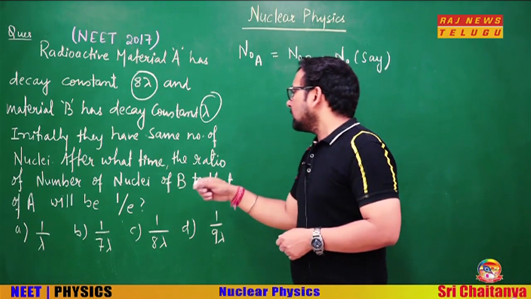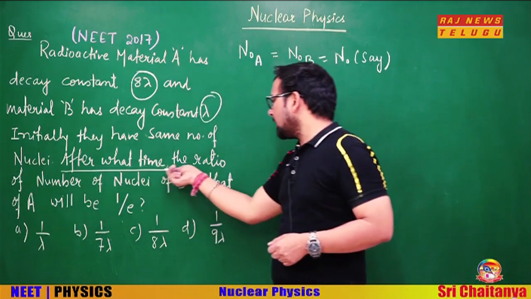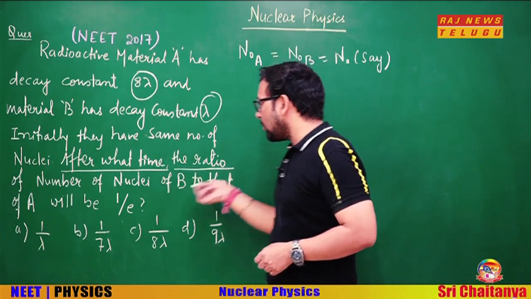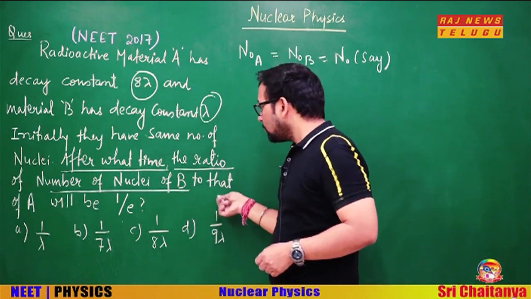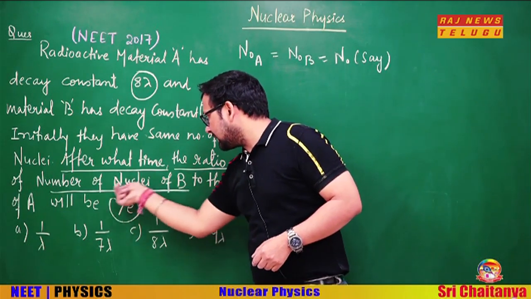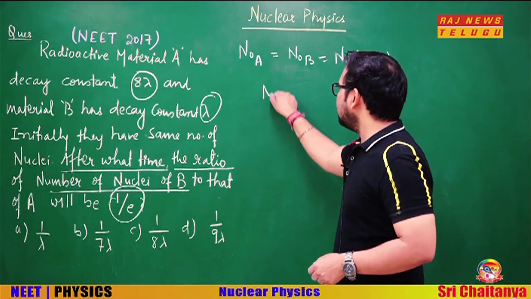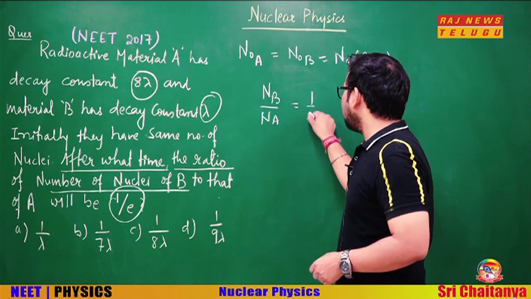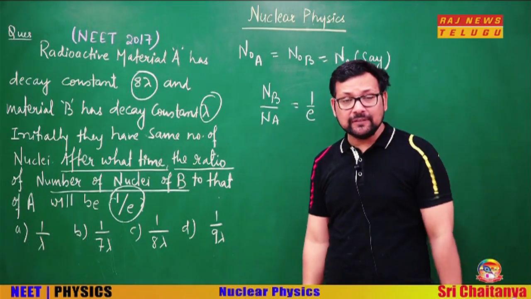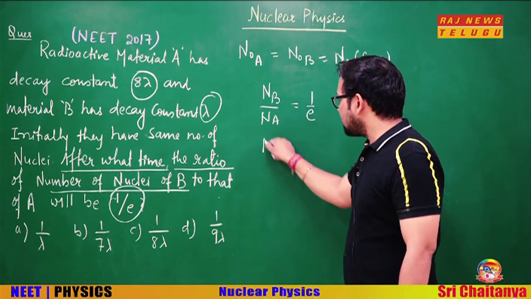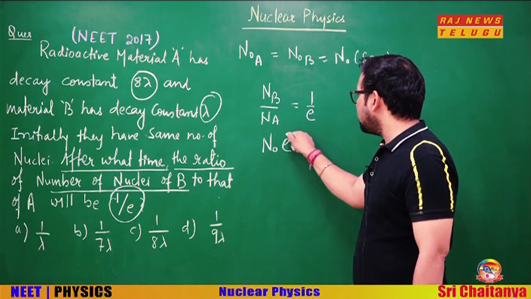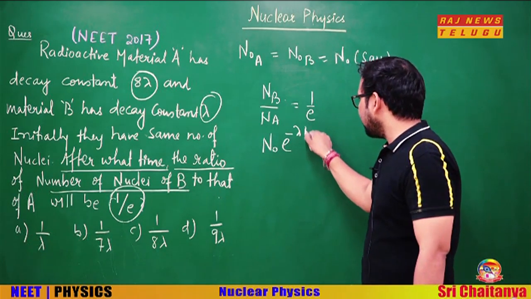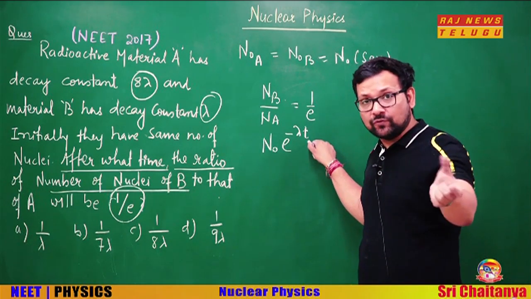Now the question is, after what time? From here the question actually starts on what they want to ask. After what time will the ratio of the number of nuclei of B to that of A be 1 by e? Means after what time NB upon NA is 1 by e. Do you have the equation? Yes, you have. NB is N naught e raised to power minus lambda t, where lambda is for B and t is the time spent.